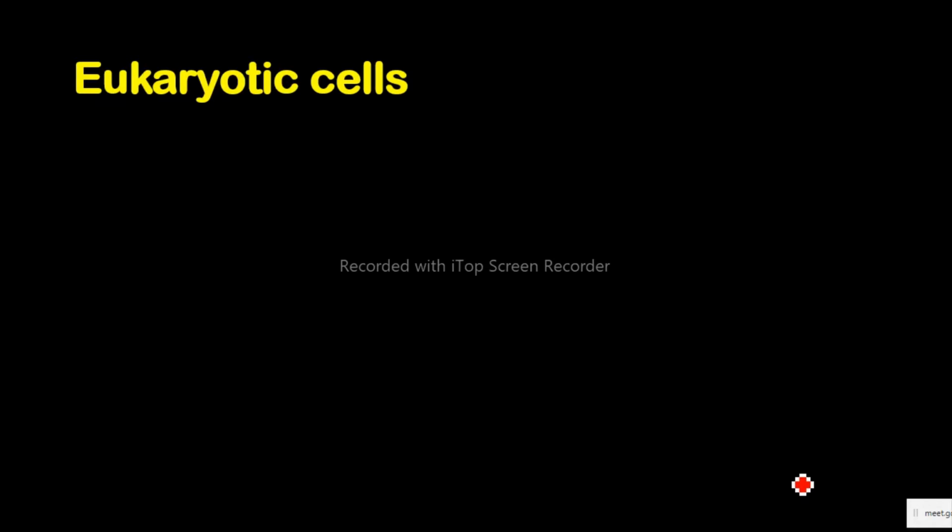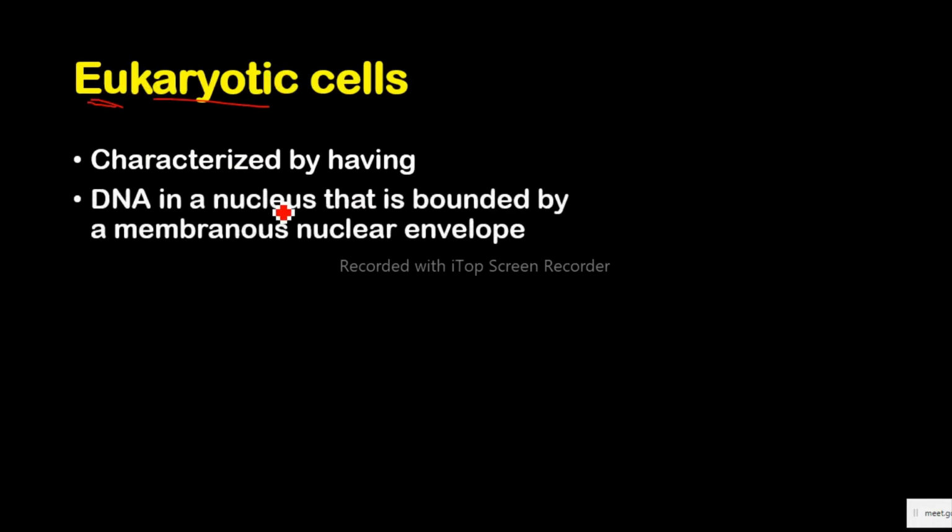Now, these eukaryotic cells, like I said, eu means true, and karyotic means nucleus. So these ones are characterized by having a DNA. Whereas the other ones have a circular DNA, these eukaryotic cells have a linear DNA.